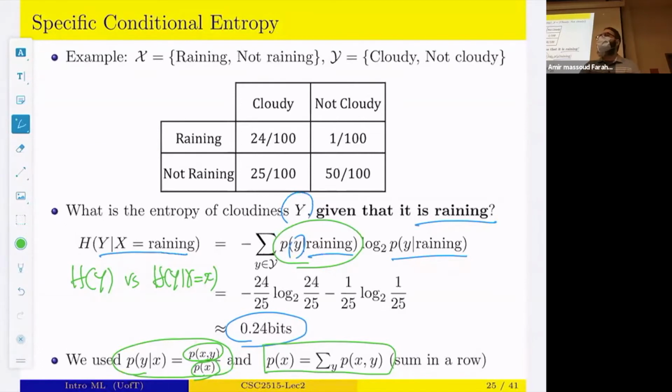But what if Y given X is raining has a lot of uncertainty, but Y given X is not raining is almost certain? In this case, maybe H of Y given X equals raining is even larger. Okay, I see what you're saying, but I'm not sure if that can define the properties that way.